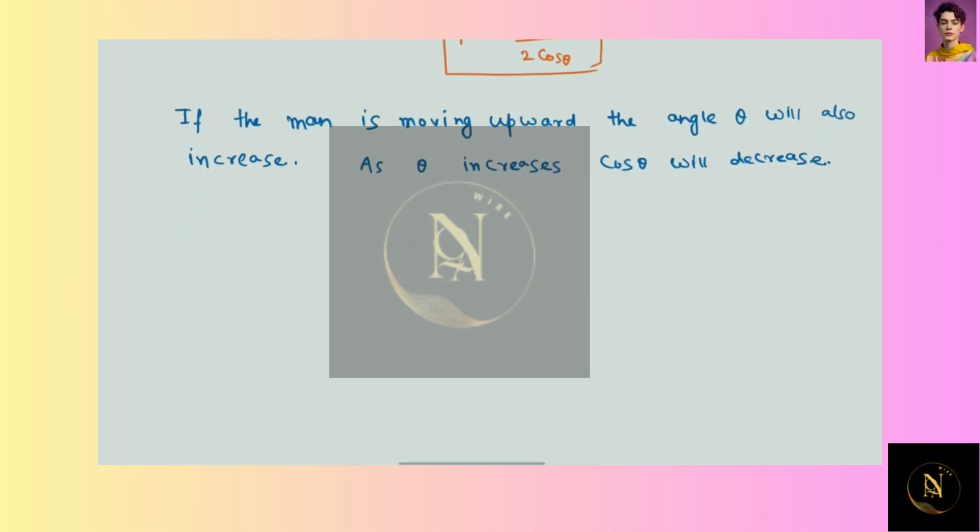Thus, as the man moves upward, the force on each string will increase because cos theta will decrease. So this is the proof for the first part of the question.